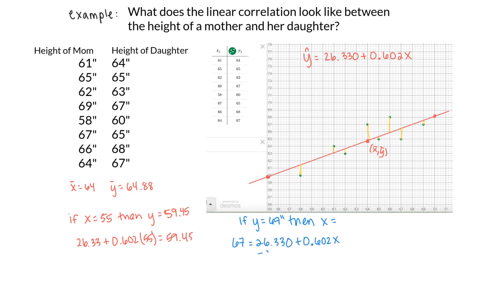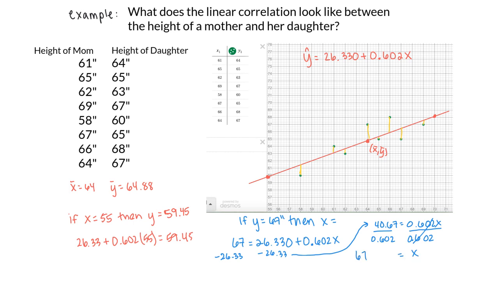So that solving process first involves subtracting 26.33 from both sides of the equation, which will give us 40.67 on the left-hand side of the equation, and then we still have the 0.602x on the right side. Now we want to divide by that 0.602 to get x all by itself.